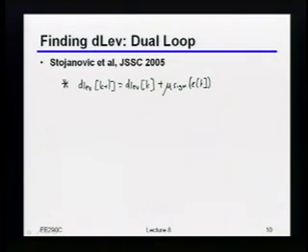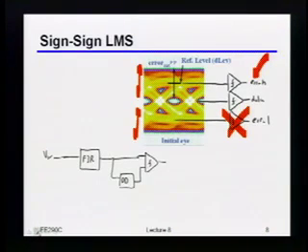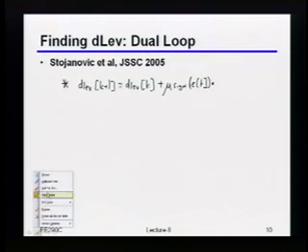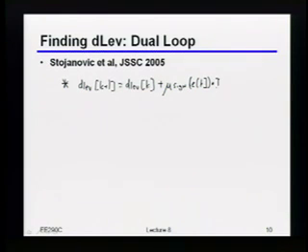Now, there's just one caveat: remember, my error updates are only valid when I actually received a 1. So to really make this work, you have to only make this update whenever the input data bit was actually a 1.